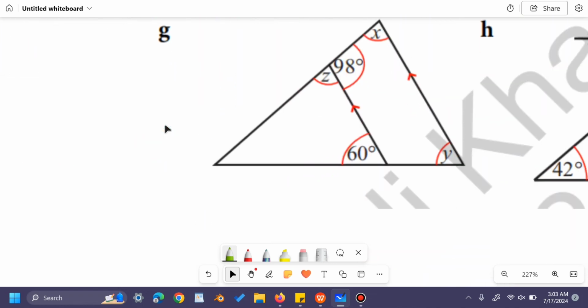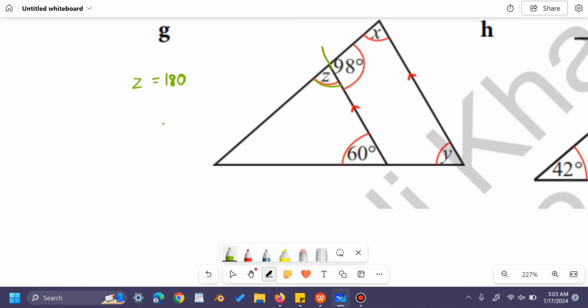Now G part. For the G part, we can see that these are the two parallel lines. Okay, let me see, if we have these parallel lines, so we can see this Z is going to be 180 minus 98.